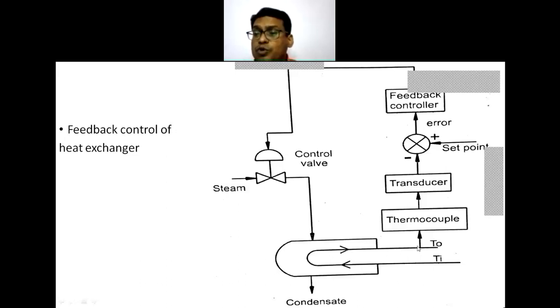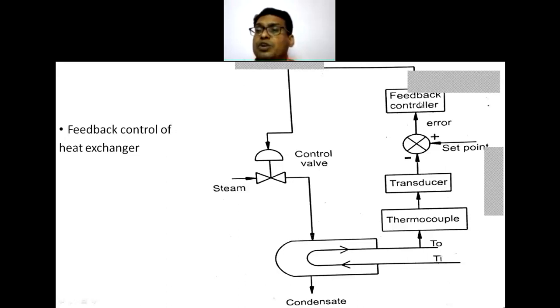For that, I am going to measure this outlet temperature with the help of a thermocouple. Then the transducer will be required. Then that goes as a B signal to the comparator, where R, the set point, minus B generates an error, which goes to a feedback controller.